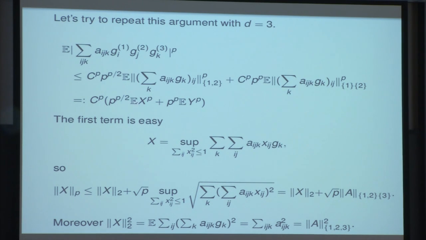So the first term, estimating this expectation of x to the power p, is easy. Because x, this partition norm, 1, 2, by definition, was such a supremum. Well, in the definition, it doesn't matter if I have absolute values or not, because we take it over the ball. But here I didn't put them. So this is just by the definition. And again, by concentration, because it is a supremum of some canonical Gaussian process over some Euclidean ball, I can bound the pth moment by the second moment plus square root of p times the Lipschitz constant.